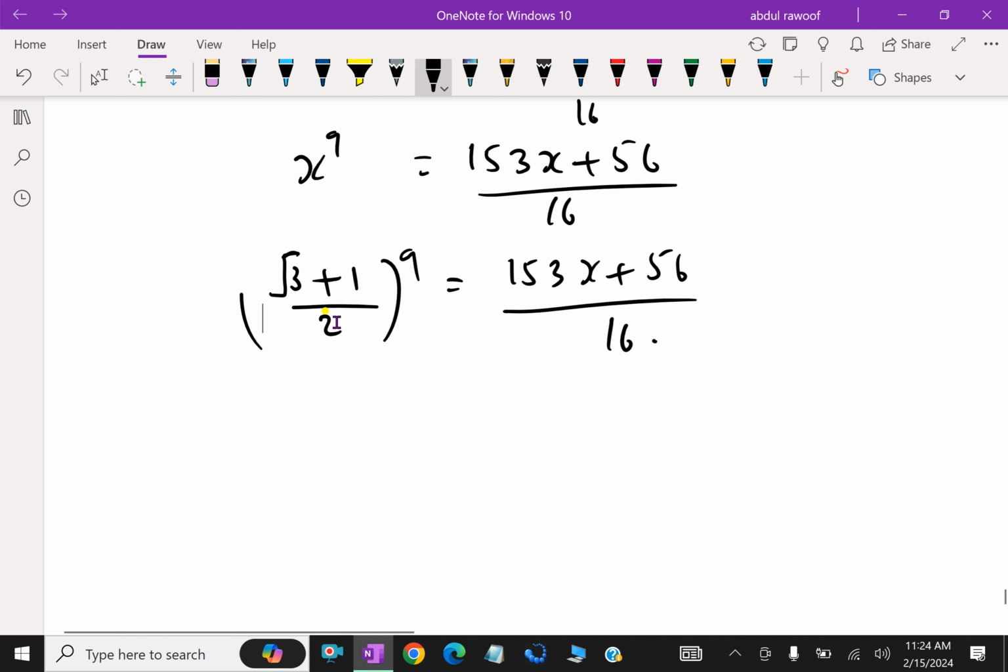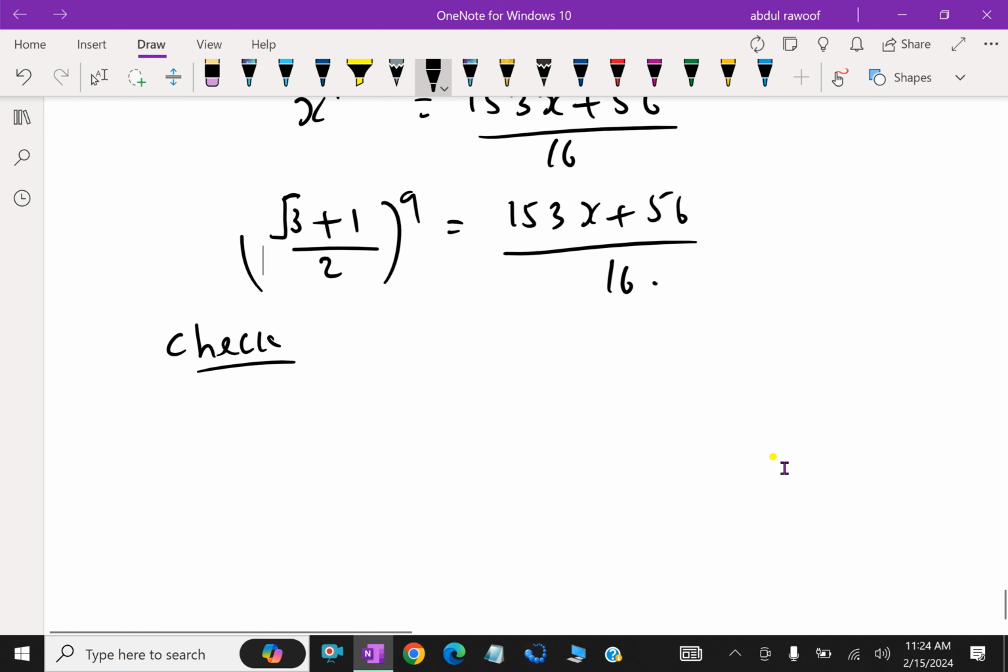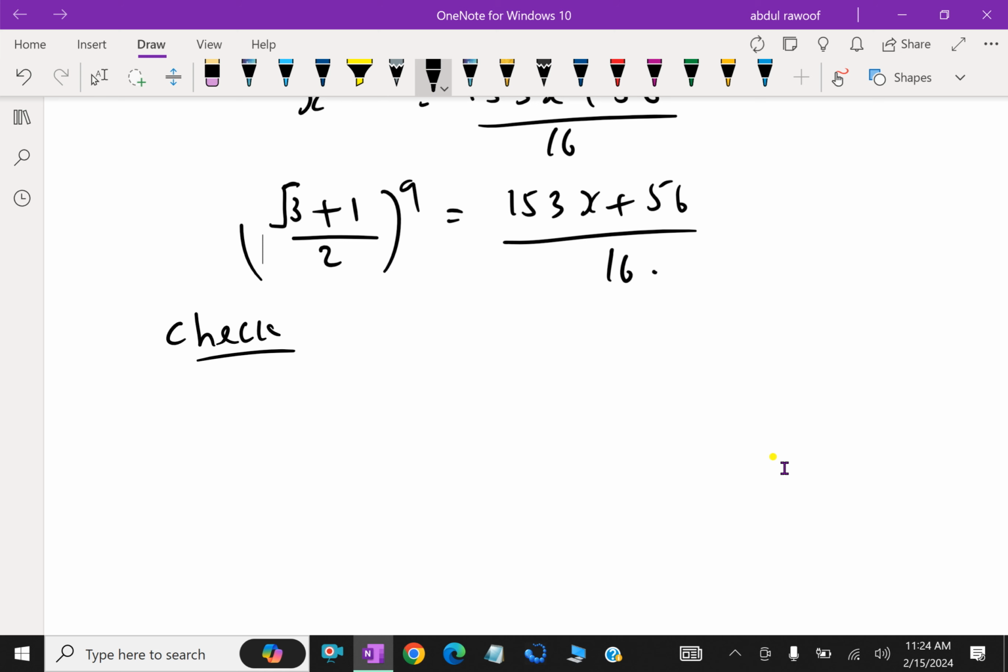That means we can check by using a calculator. Check here, (root 3 plus 1) by 2 is approximately equal to 1.366.